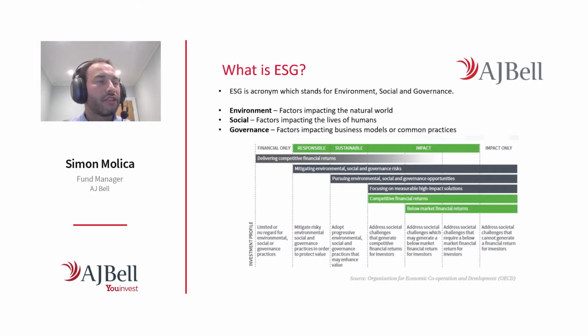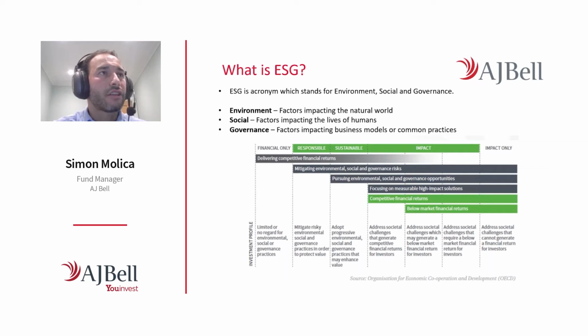The ESG credentials from left to right are getting stronger and stronger. When we talk about impact, we're talking about being able to create a positive societal benefit through the companies we invest in. Where impact really stands out is usually the actual measurement and being able to demonstrate that impact as well. I've got a slide that highlights impact reporting, which I think is really important in this context.